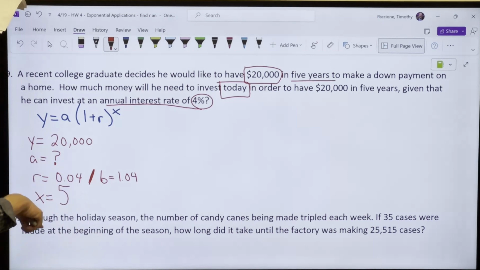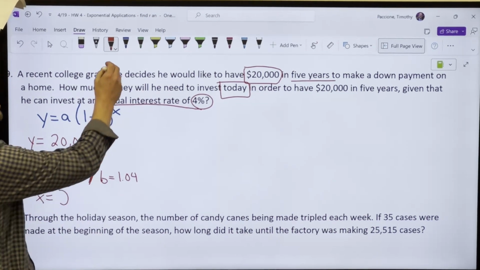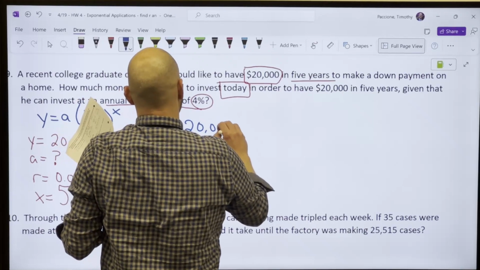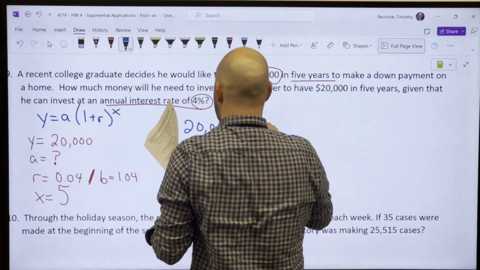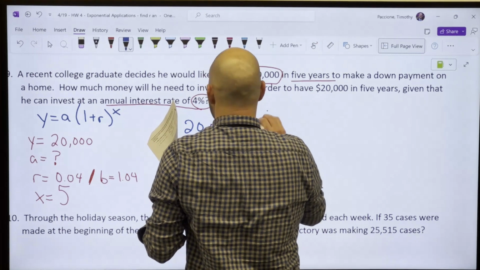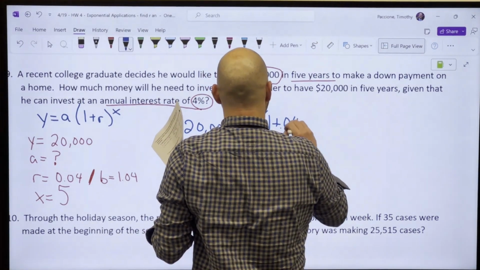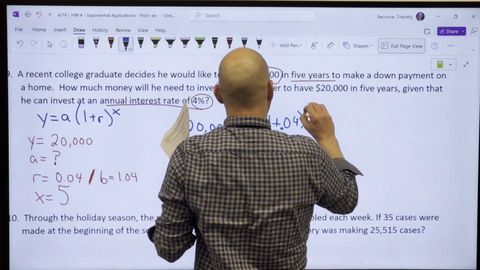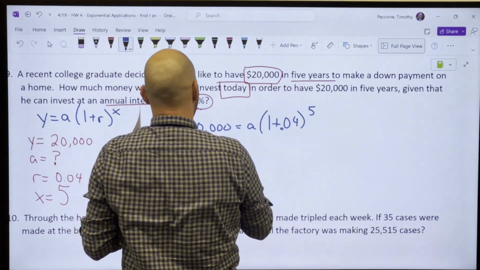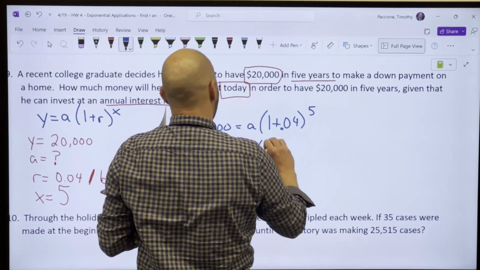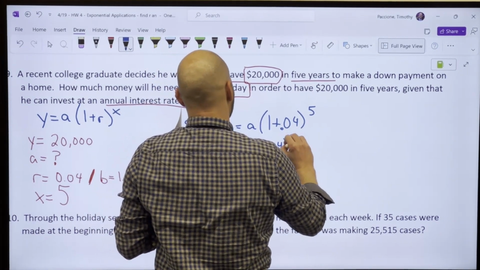If you break it down this way, you've turned it into math. So now I say, okay, 20,000 equals A, which I don't know so it stays, times 1 plus 0.04 to the 5, which becomes 20,000 equals A times 1.04 to the 5.